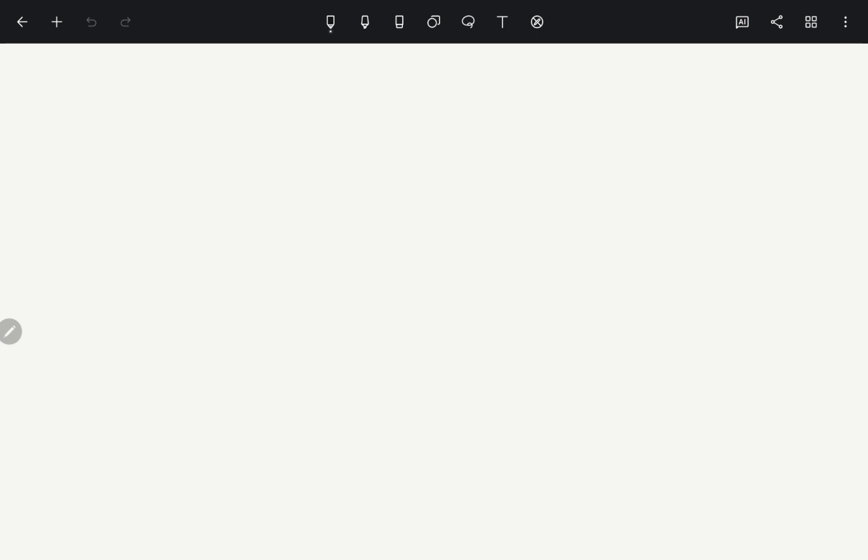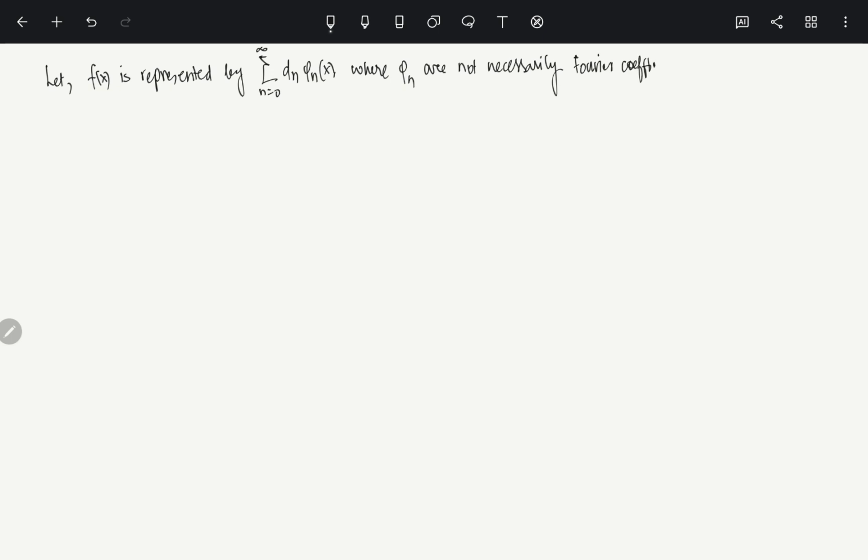So basically, let f of x be represented by the summation from n equals 0 to infinity of dn times phi n of x, where the phi n are not necessarily the Fourier coefficients of f of x.